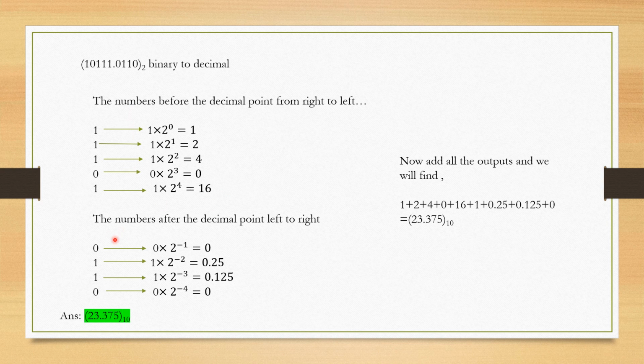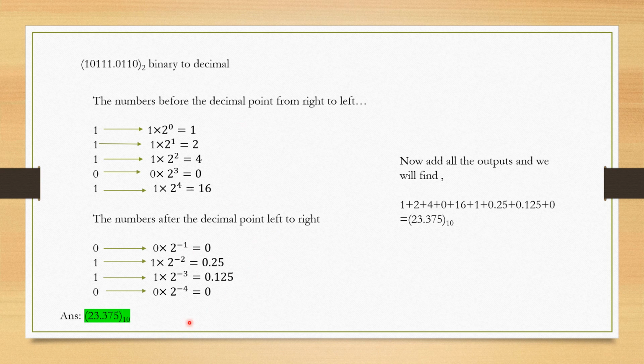Similarly, the digits after the decimal point, left to right, can be written as: this 0 as 0 into 2 to the power minus 1, that is equal to 0; this 1 as 1 into 2 to the power minus 2, that is equal to 0.25; this 1 as 1 into 2 to the power minus 3, that is equal to 0.125; and this 0 as 0 into 2 to the power minus 4, that is equal to 0.